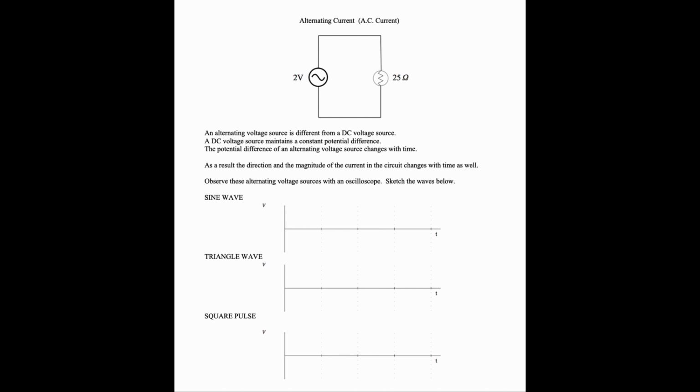There are many ways that the voltage can change with time. We'll examine some of the most common waveforms: a sine wave, triangle wave, and a square pulse. These common mathematical waveforms are often found. The sine wave function will look something like this.